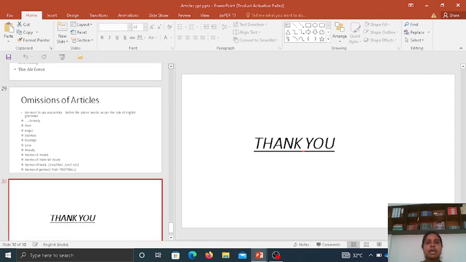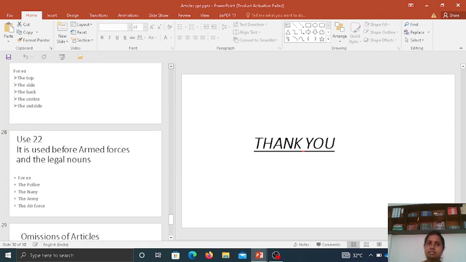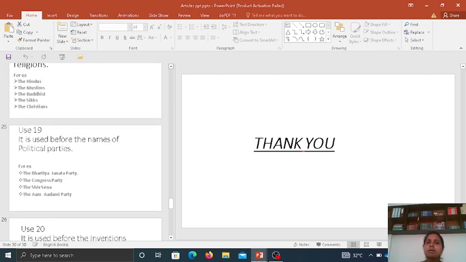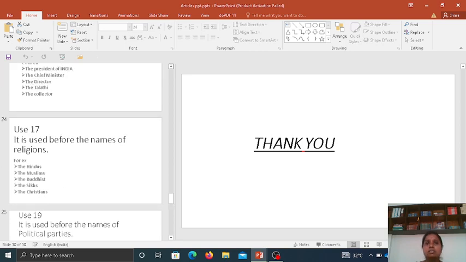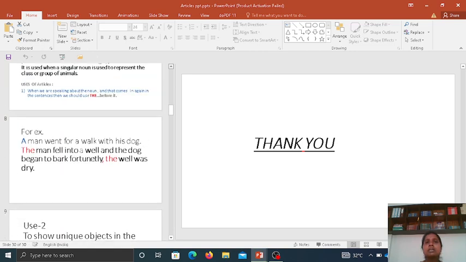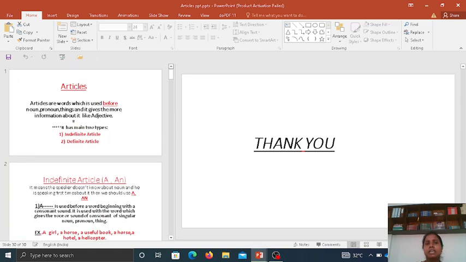So the first thing we have to remember in mind about articles is that articles depend on speaking. A and an are indefinite, used for indefinite things, and there are two rules. A should be used before a consonant sound and an should be used before words whose first sound is a vowel, and the should be used for a definite thing, the thing we are speaking about in that sentence.